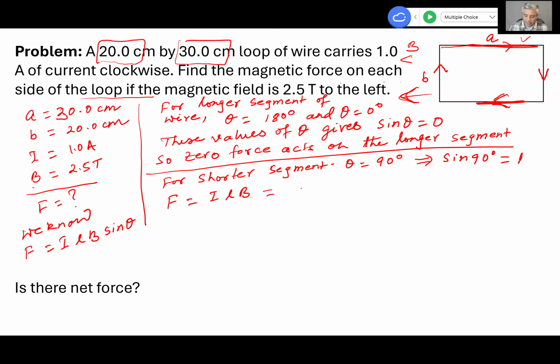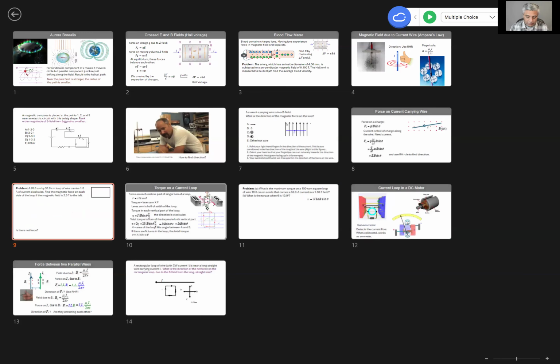So the value is this, so you can plug in and find the values. For B here, make sure you convert that centimeter to meter. So that means 20 centimeter is 0.200 meters. This is a 3 sig fig problem.